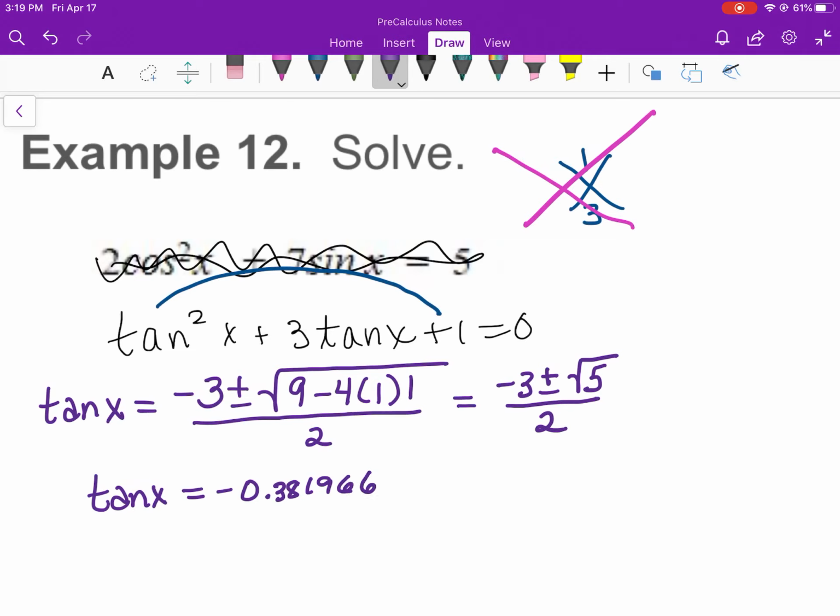That gives -0.381966. That's pretty good. And then tangent of x equals, let me find -3 minus the square root of 5, and then divide that by 2.